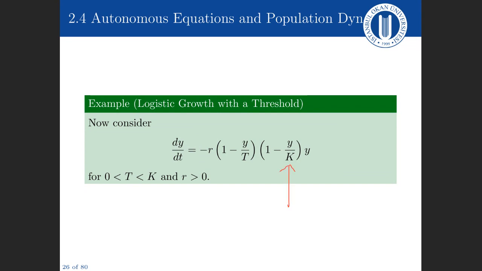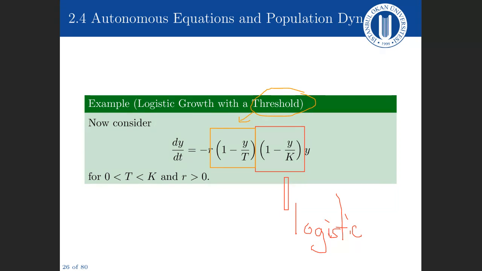This K term, or in fact all of this bracket, gives us the logistic property. This bracket, 1 - y/T, gives us a threshold.